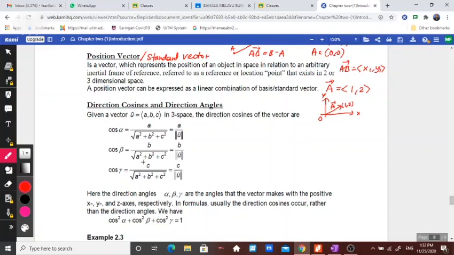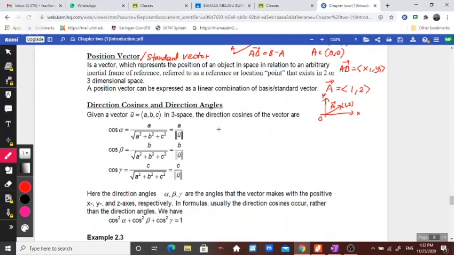So these are the direction cosines, and we have another thing, the direction angles, which are the values of alpha, beta, and gamma.